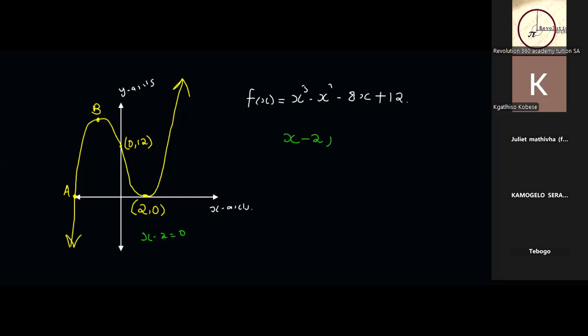And then I'm having x cubed minus x squared minus 8x plus 12. You write it there. Remember, when you use the long division method, I'm going to use DMSD.